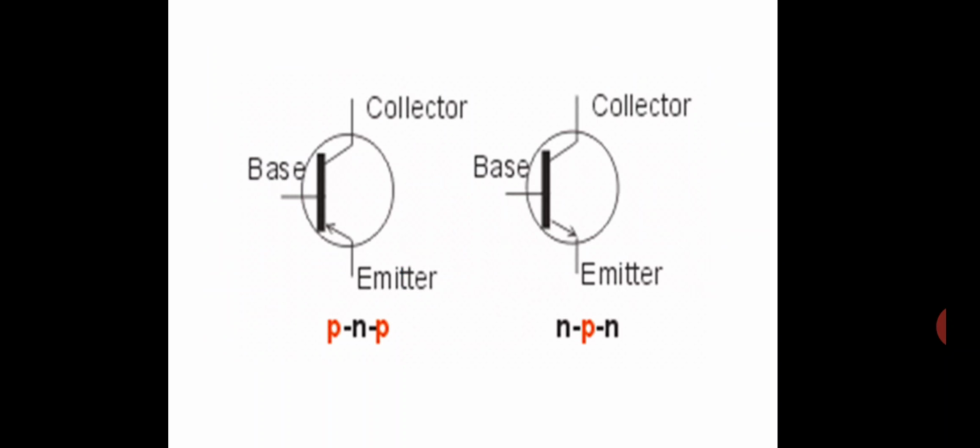The word transistor is a combination of the two words transfer varistor, which describes their mode of operation way back in the early days of electronics development. There are two basic types of bipolar junction transistor, PNP and NPN, which basically describe the physical arrangement of the P type and N type semiconductor material from which they are made.